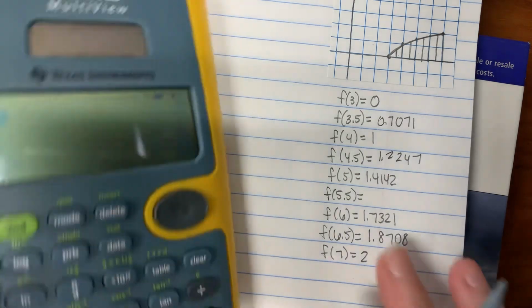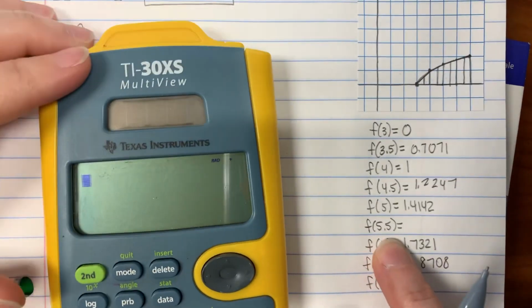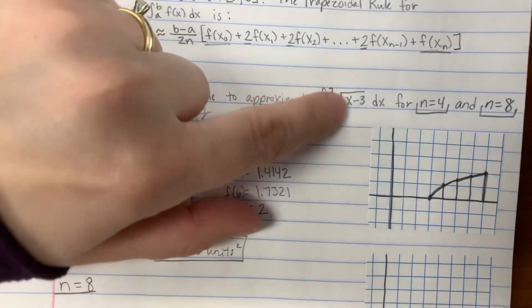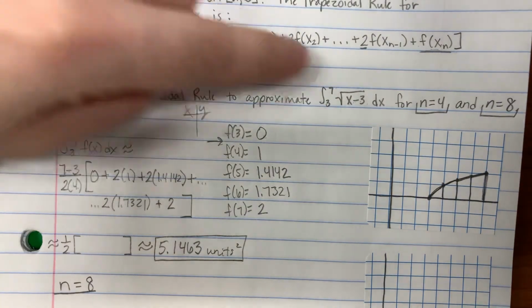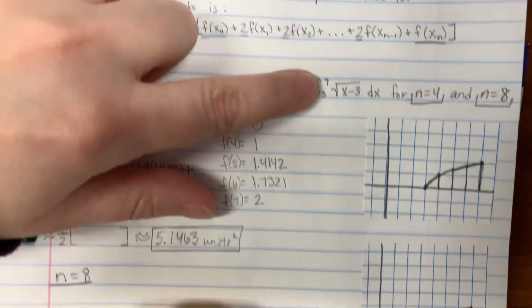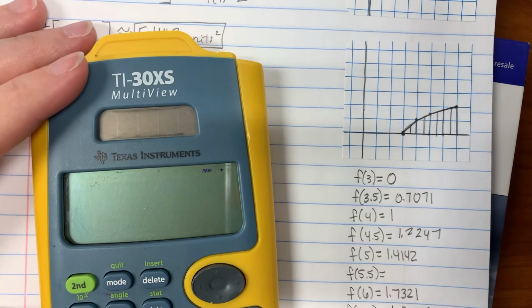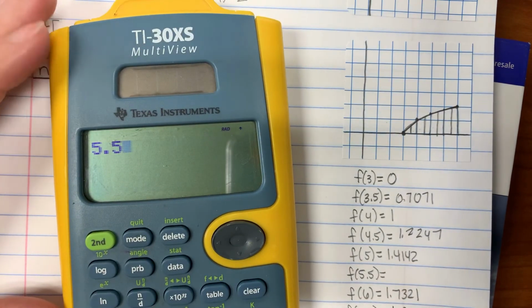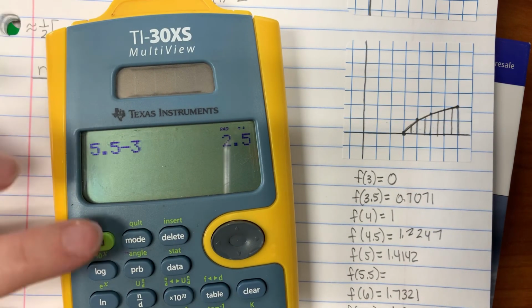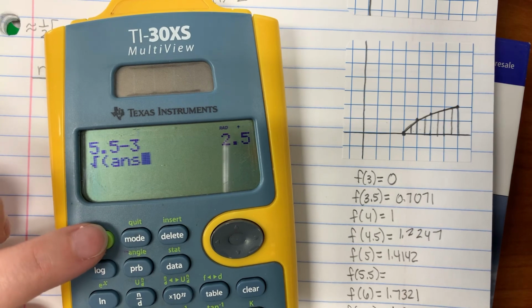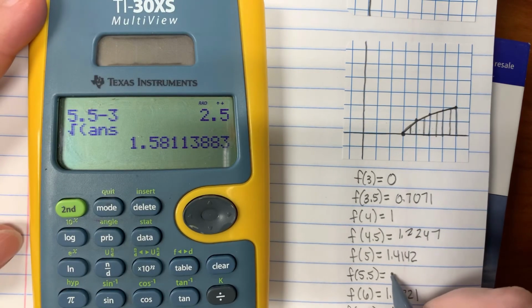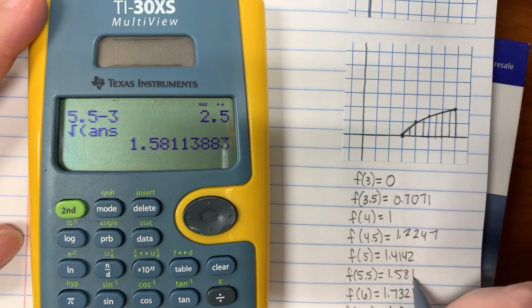So let me find it. So how am I finding those? I'm taking these values and I'm plugging them into the equation, which was the square root of x minus 3. So I'm going to do x, which was 5.5 in this case, minus 3, and then I'm going to find the square root of that. So that gave me about 1.5811.